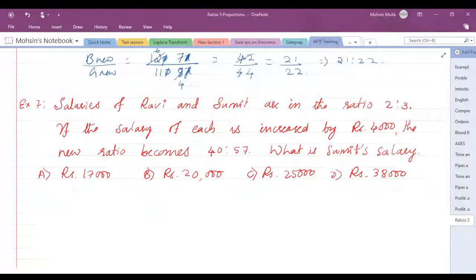Kalyani, are you there? Roll number 13. What is your answer?